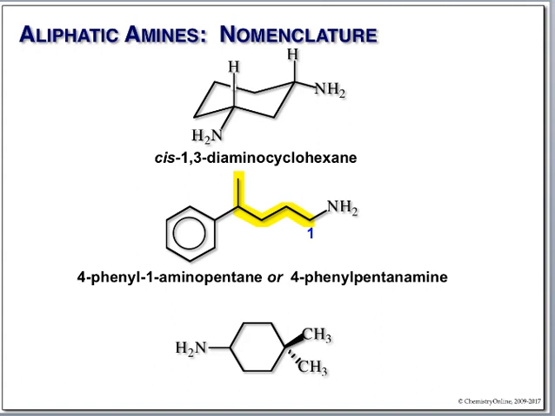And it is. So we're dealing with a 1,1-dimethyl cyclohexane with an amino group in carbon 4. Always think of an amino group simply as a halogen, as far as naming goes. So this is 4-amino, 1,1-dimethyl cyclohexane. Any questions?